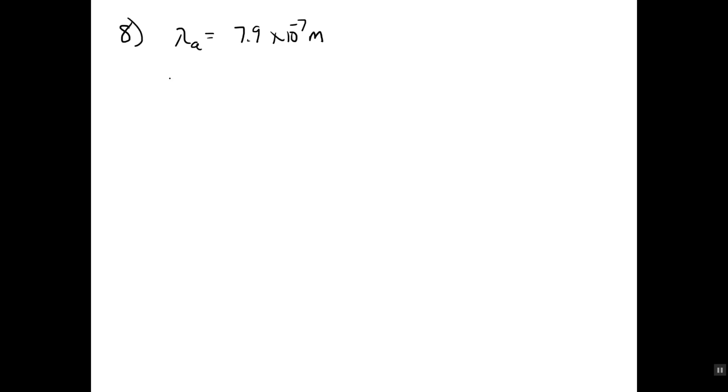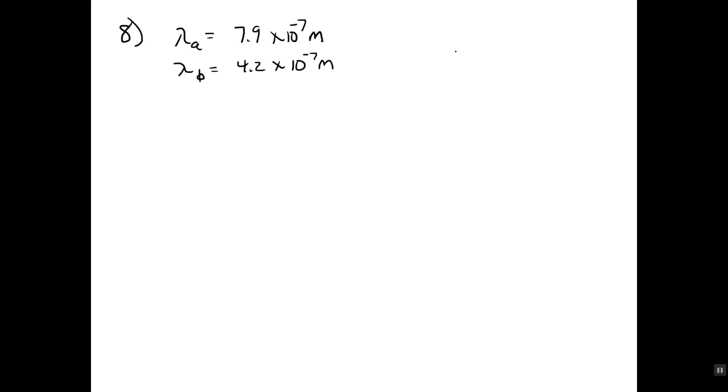And 4.2, we'll call wavelength B, is 4.2 times 10 to the negative 7th meters. We're differentiating them A and B because obviously you're not going to use them in the same problem, because you can only have one wavelength in each of these problems.